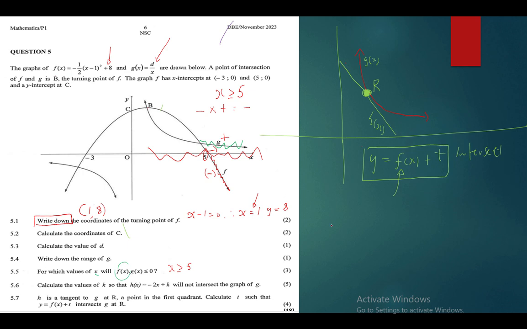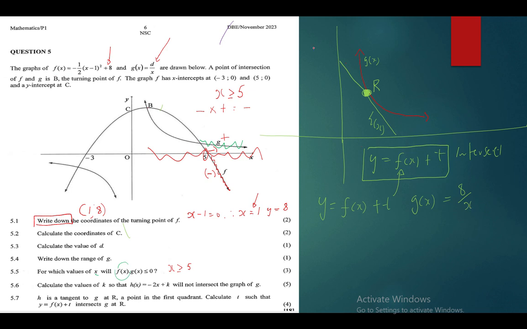Okay, let me write these two functions. y equals f of x plus t, and the function g is what? It's 8 over x. So they are saying these two functions intersect at r.